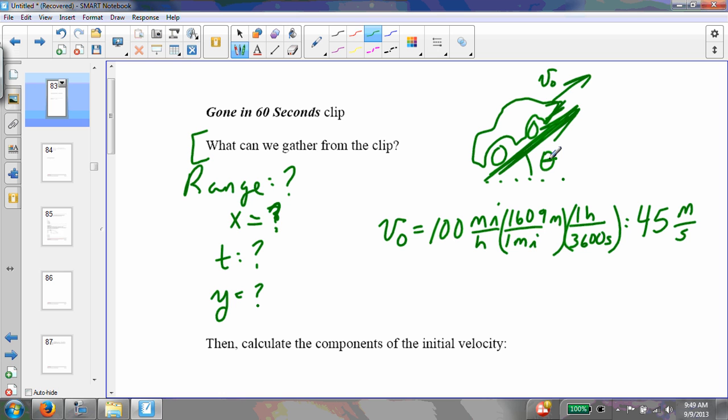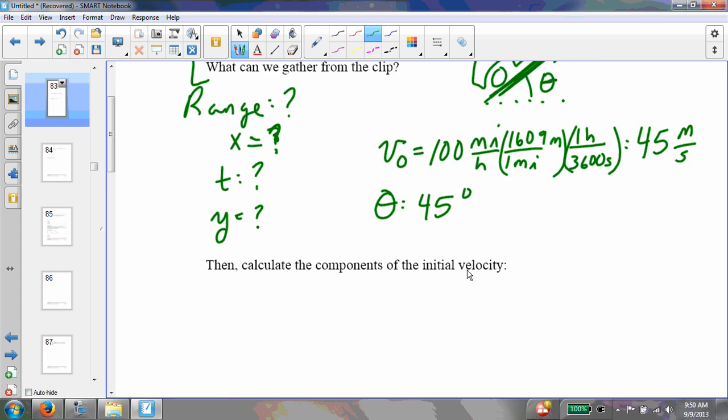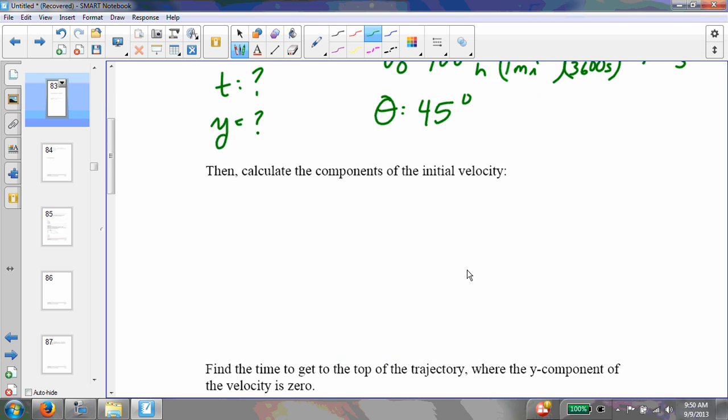Well, I think that the angle is probably the angle that would give you maximum range, because I want to make this look as impressive as possible. So let's just say then that theta is equal to 45 degrees. And then we'll see if that range seems reasonable as compared to what it appears to be in the video. It might not be quite 45 degrees, but I think it's almost 45 degrees. And that's going to give us the upper limit for our range.